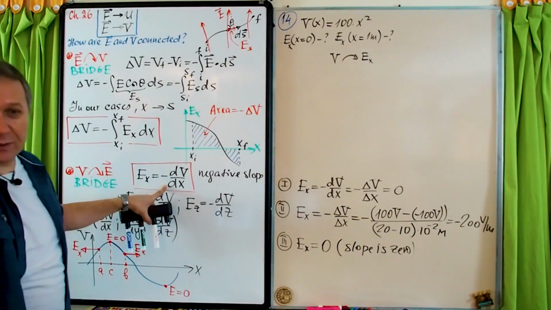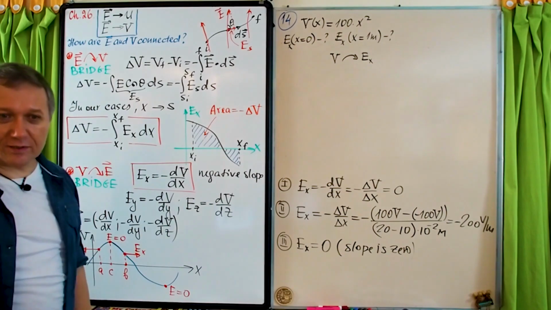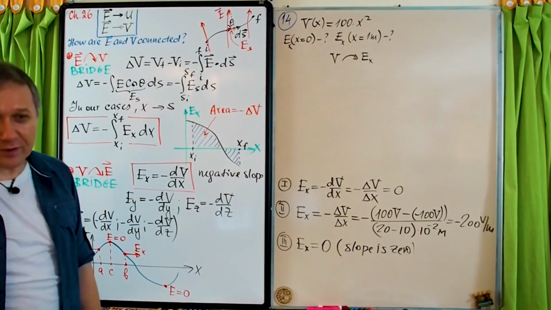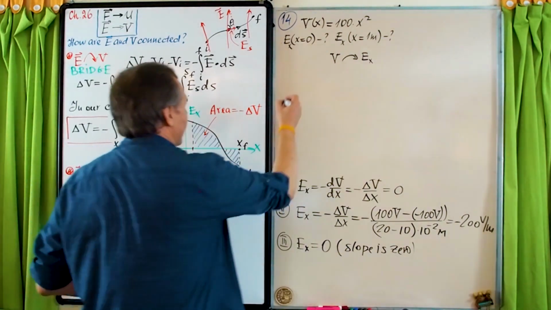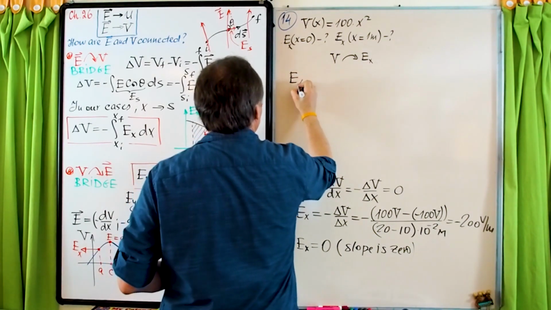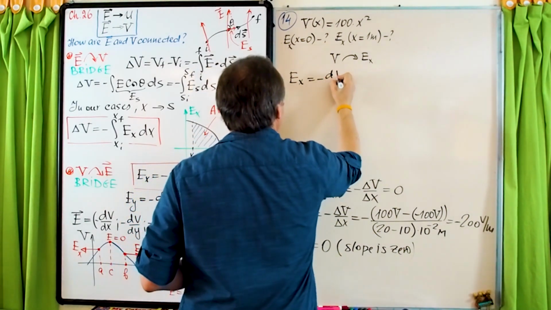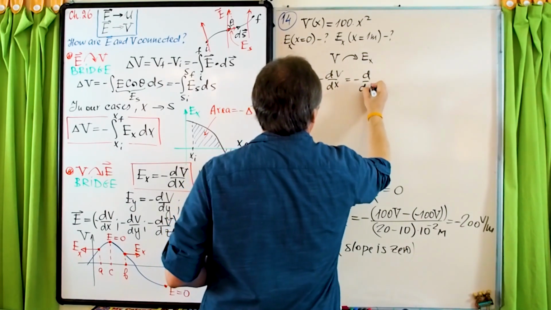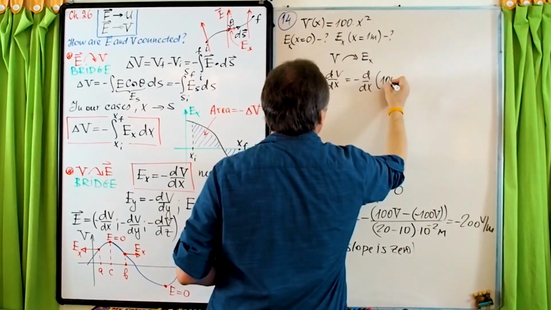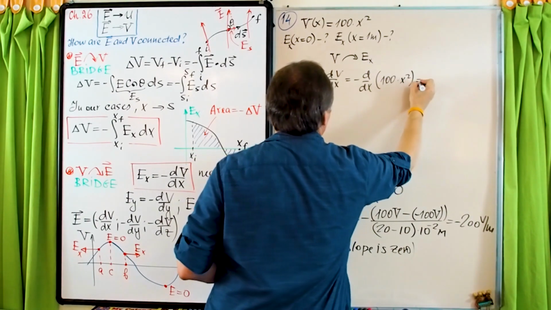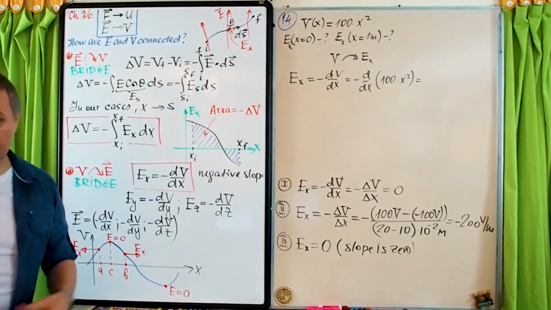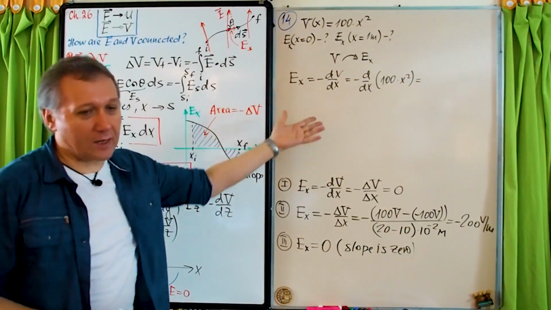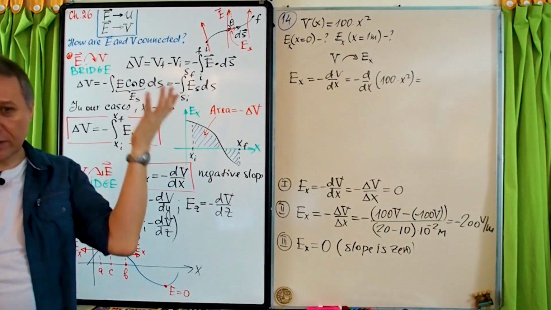Function is given, differentiation is usually the easiest work in calculus. So E sub x equals minus dv over dx, so it's minus d over dx of our function 100 times x squared. If we differentiate, it will be 2x times 100, so negative 200x.